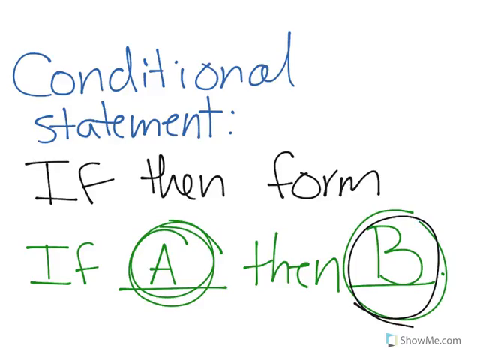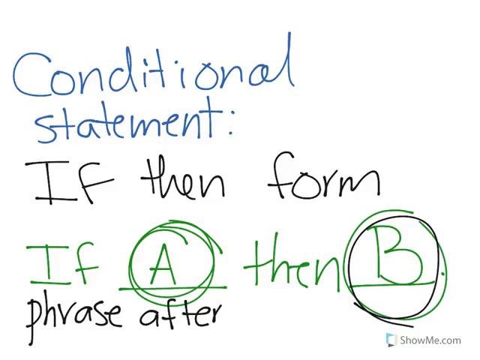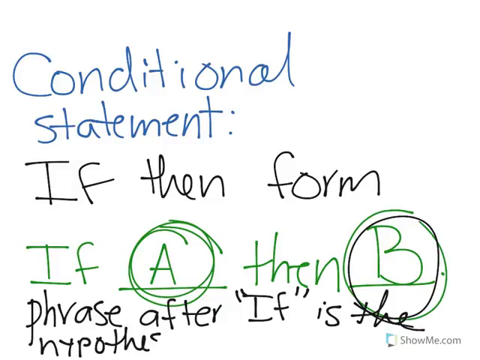So now we could say that a conditional statement is a statement of the if-then form where the phrase after if is the hypothesis, and of course, the phrase after the then is the conclusion.